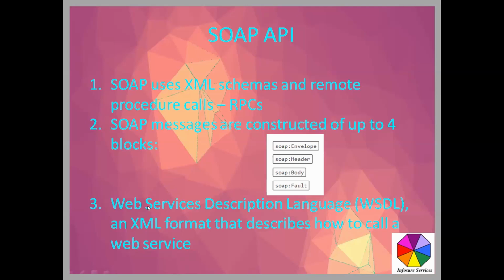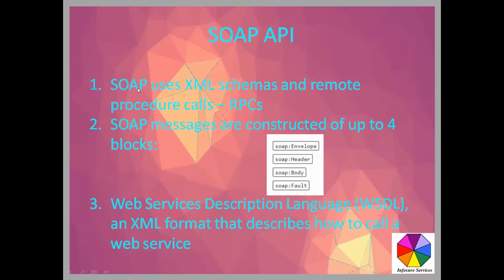And web service description language evolved. So web service description language means it had an XML format of a message. XML stands for extensible markup language. And even XML is one standard across the web to send data.